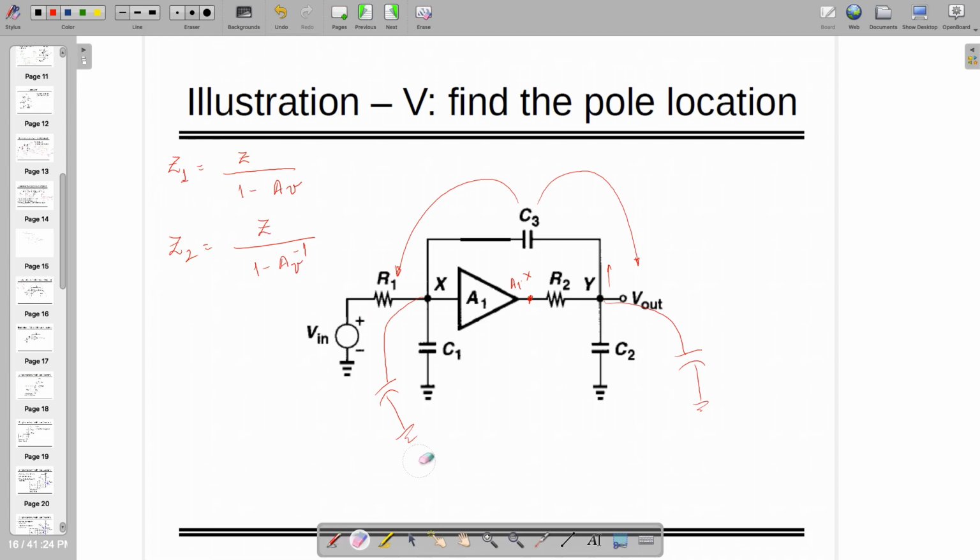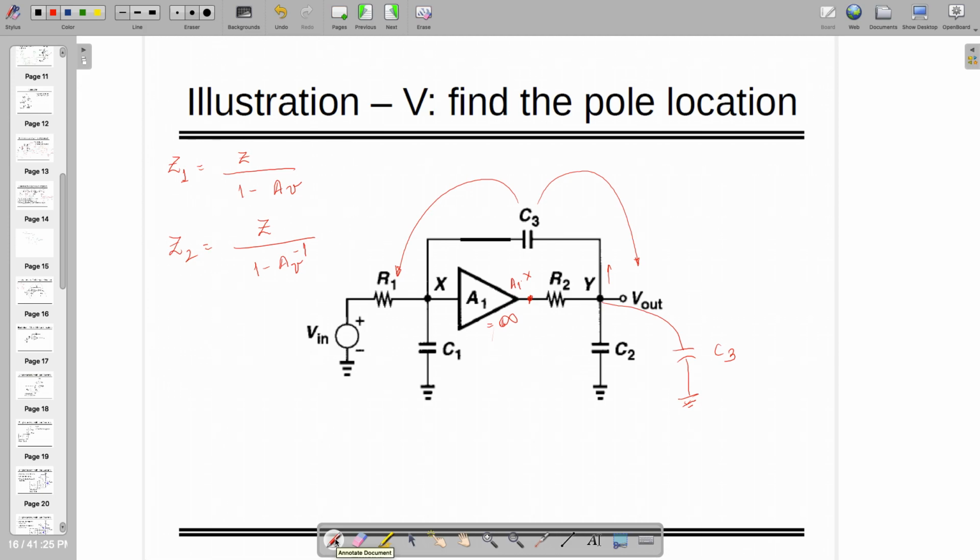However, what if I am saying that this A1 is equal to infinite? Because that would be the case which we are going to consider in future. So in that case, this C3 is going to be decomposed in two parts. However, at the X point, it's an open circuit, and at the output side, the full capacitor is going to be reflected. So you can remove this and you can keep this one here.